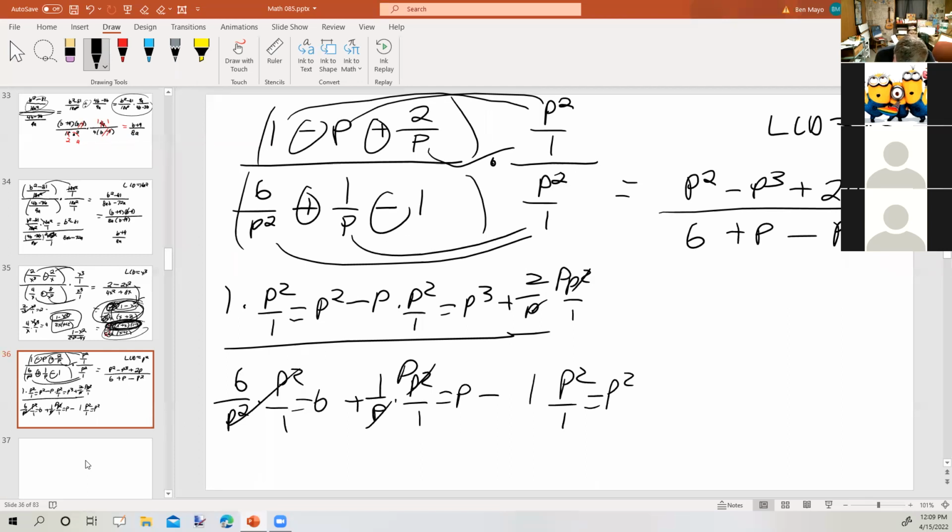So now what I'm going to do, I'm going to take the numerator and write it in descending powers. I'm going to take the denominator and write it in descending powers.